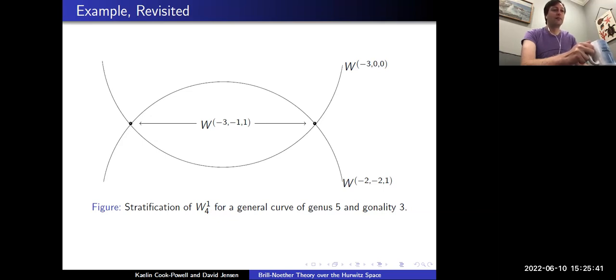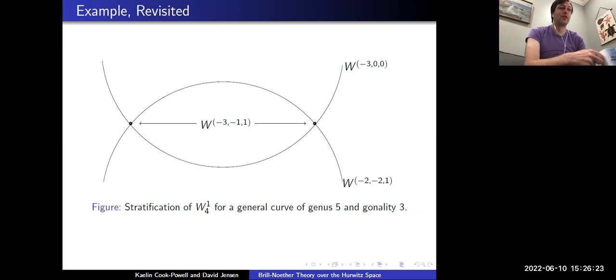So if you want a line bundle that has H naught equal to 2, then the sum of the non-negative numbers in your splitting type, each one plus 1, has to be 2. And the fact that the degree is 3 means that these 3 numbers should add up to 3.